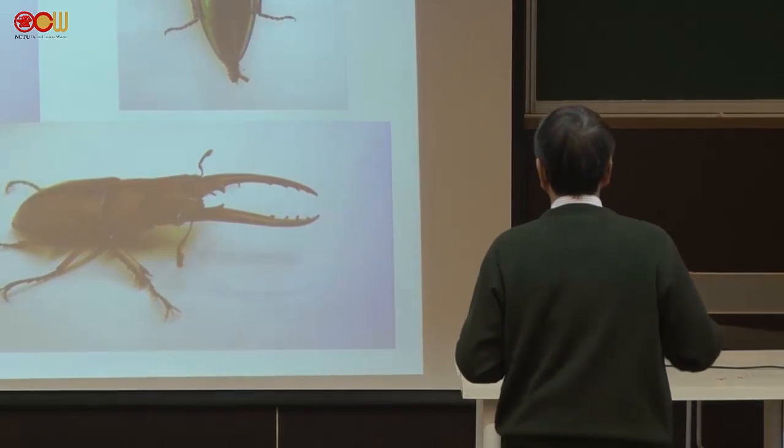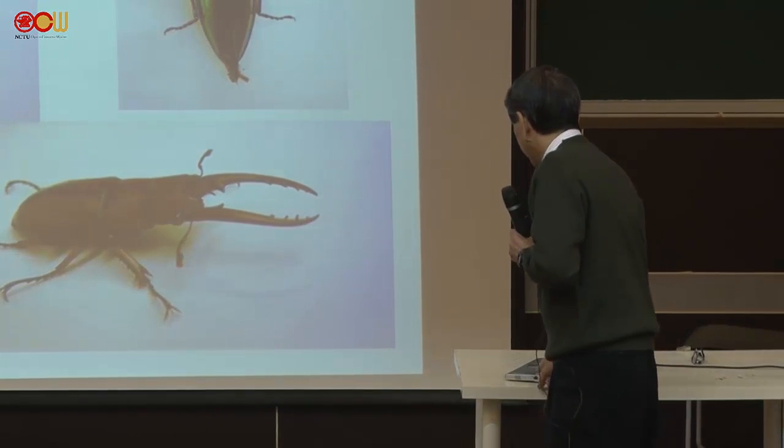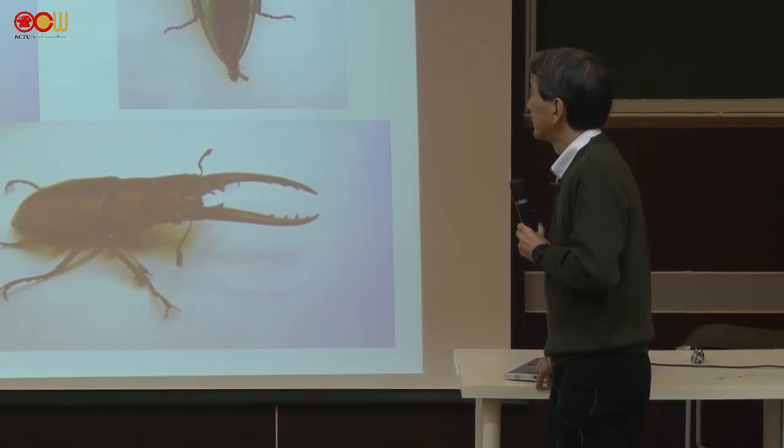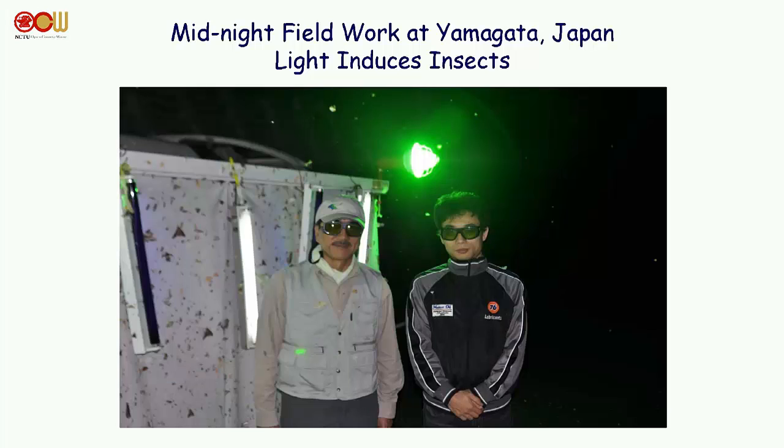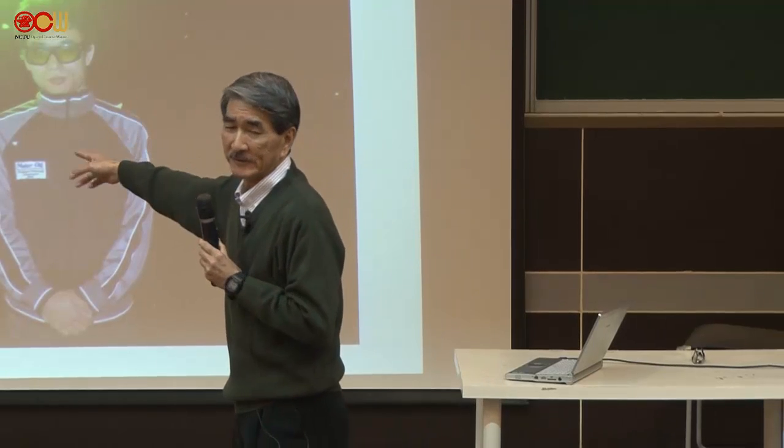So I just show you an additional one. This is not actually directly related with chemistry. So this is how we collect beetles. We go into the deep mountains and light on this kind of very bright light. And then insects are attracted to the light. And then we catch them.